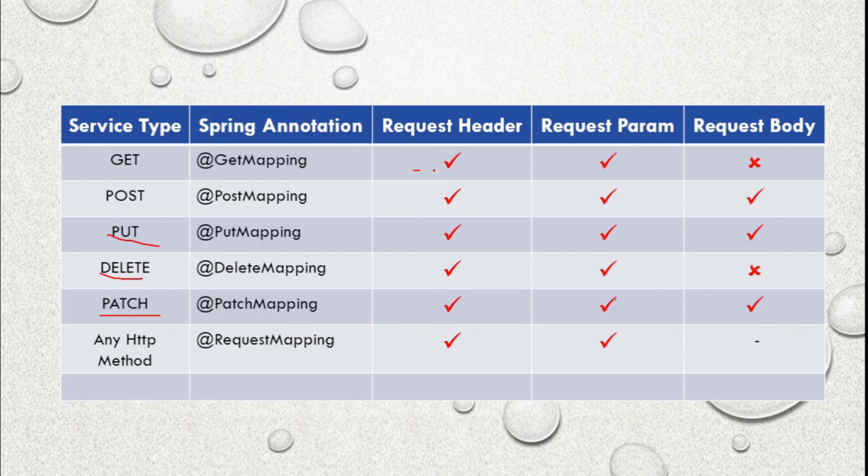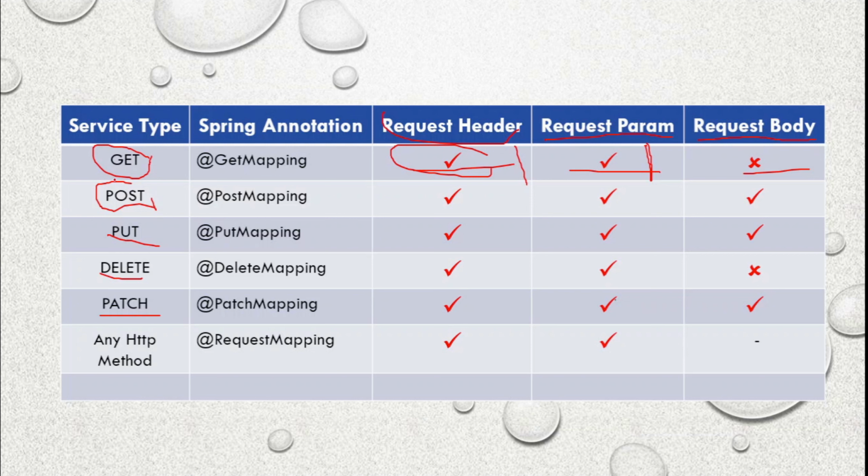So now coming to the POST method. One point I forgot to mention: GET services are used to fetch data from the server to the client. Now coming to POST services. POST services use the POST method of the HTTP protocol.